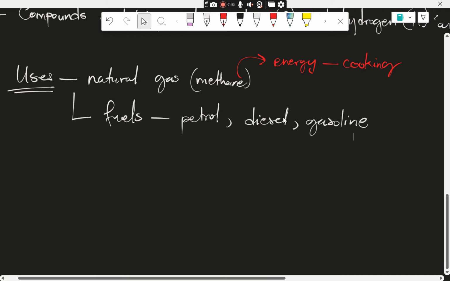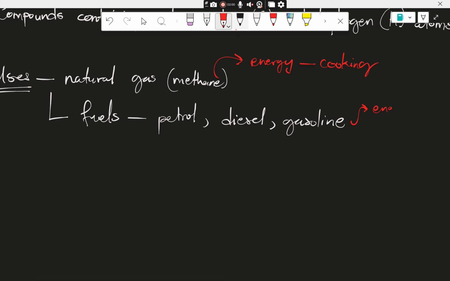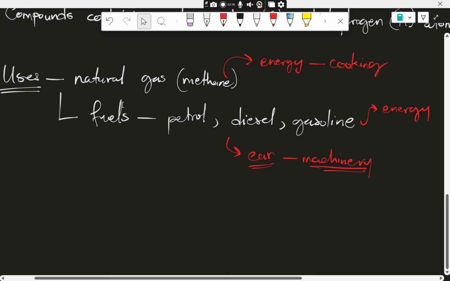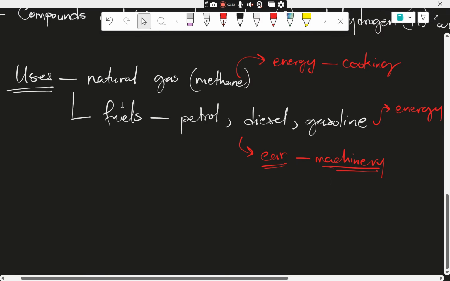We know these ones, we use them for energy too, right? We can also use them for energy where we have our generators running on petrol or diesel, and we can also use them for our cars, our machinery in agriculture and also in the industries. So it shows that hydrocarbons are very important in everyday life, right? If you understand hydrocarbons, you can understand the things that are happening around you.